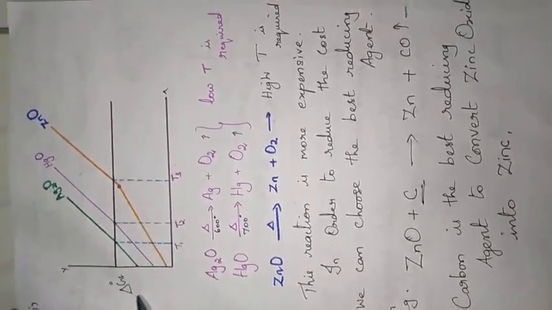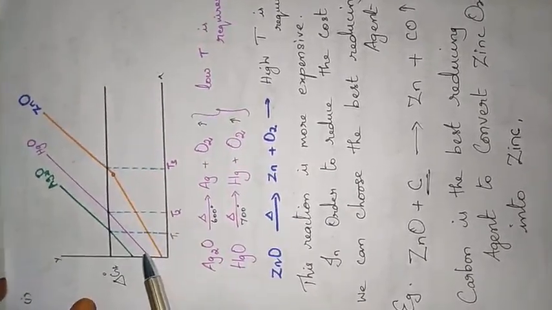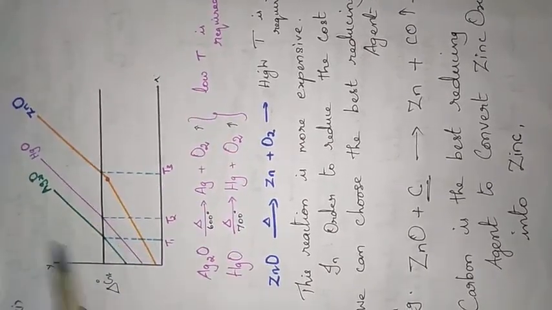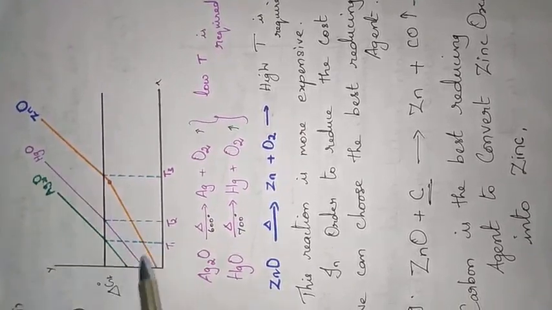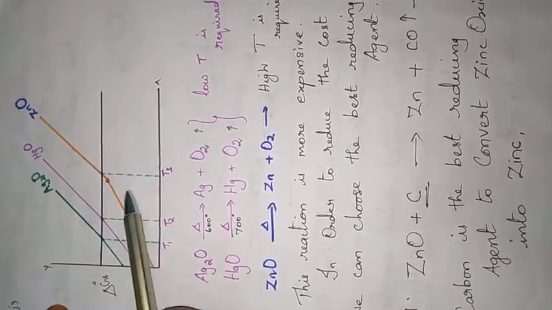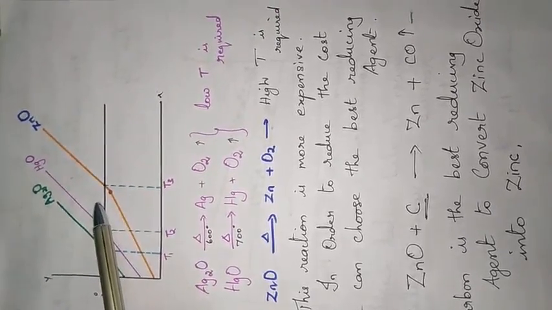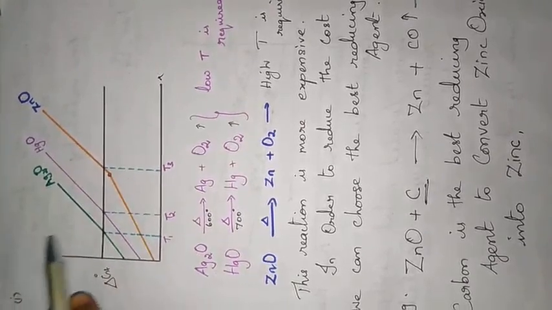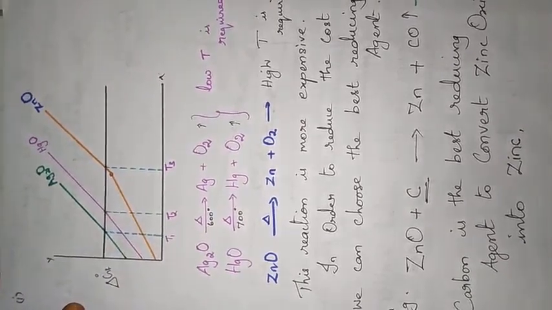Consider this graph. This graph I have chosen from the Ellingham diagram. In this Ellingham diagram, one is the Ag2O graph, another one is the HgO graph, and another one is the zinc oxide graph. For these metal oxides, we have to see in this graph which is easily reduced and which needs a reducing agent.